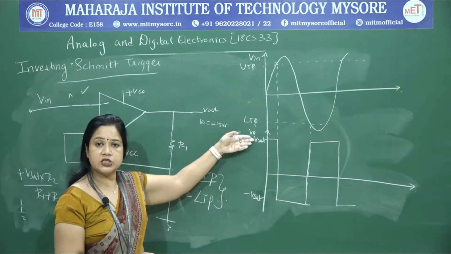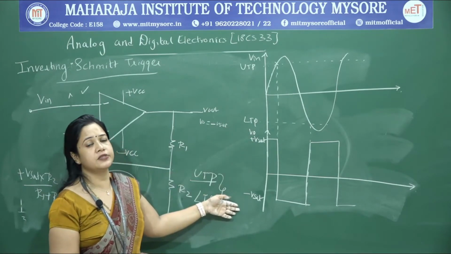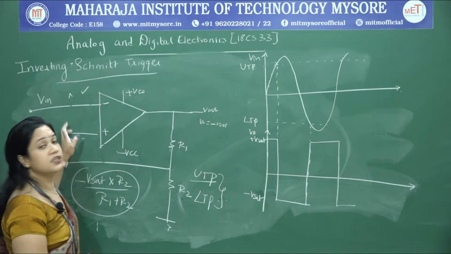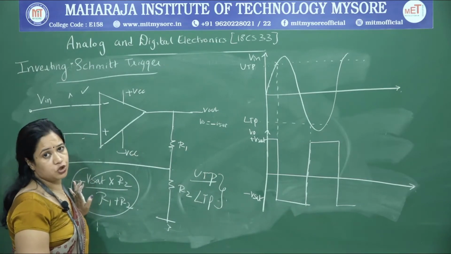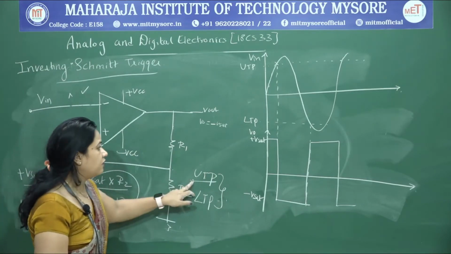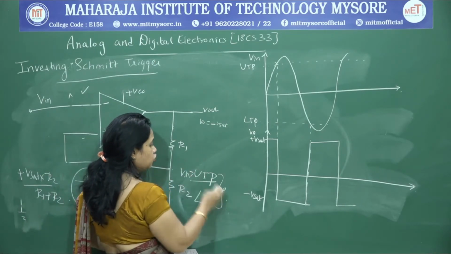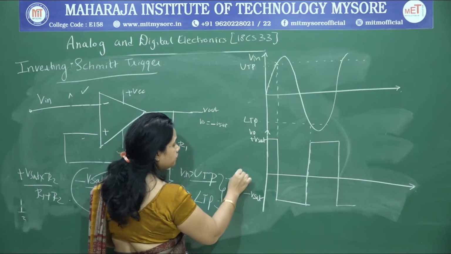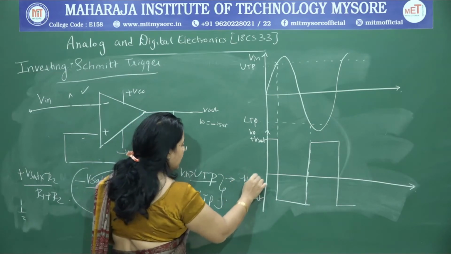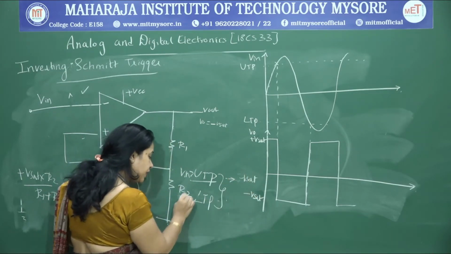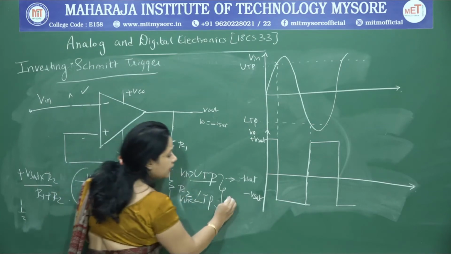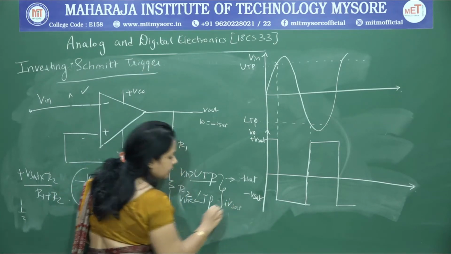So, the output at any instant is at positive saturation or negative saturation, depending on whether the input crosses these two threshold points. When Vin is greater than the upper threshold point, it switches to minus Vsat. And when the input falls below the lower threshold point, it switches to plus Vsat.